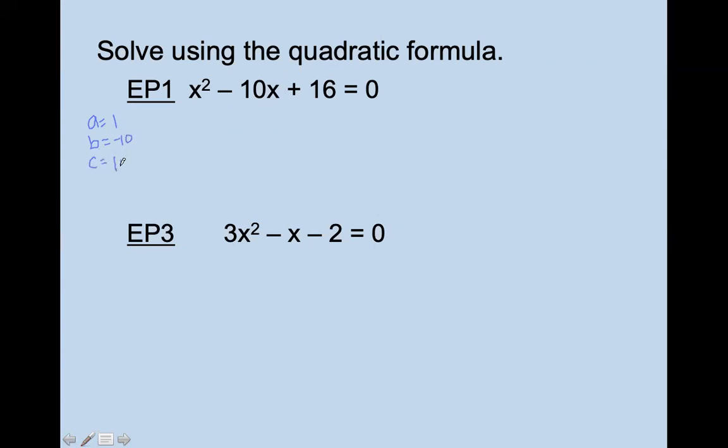It's really important that you have the signs done correctly, all right? So we have then that our solutions are going to look like x equals, we need to do a negative b, so a negative 10.